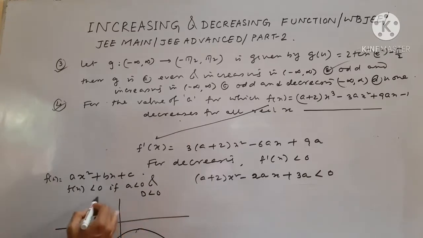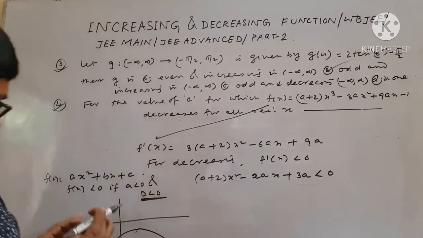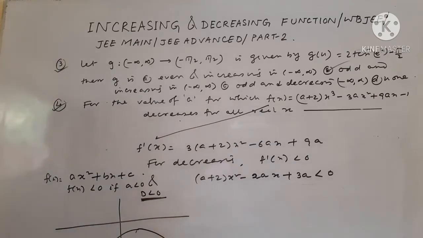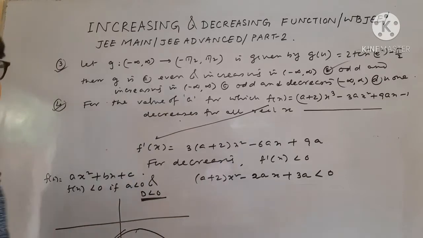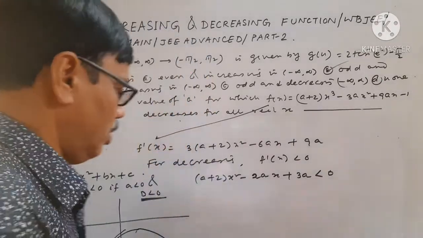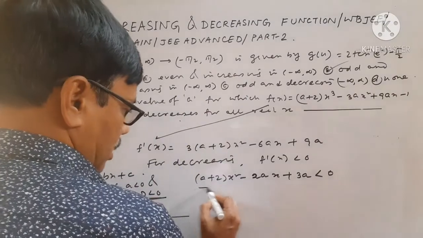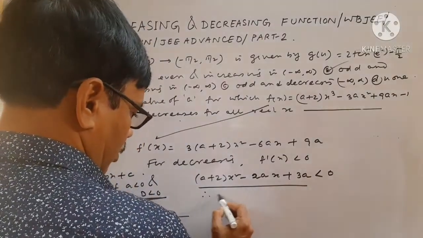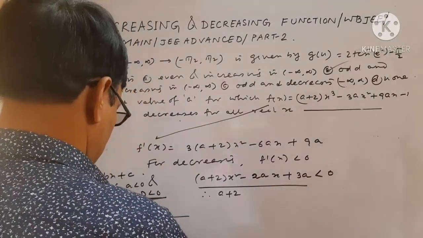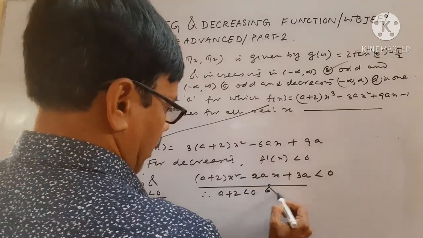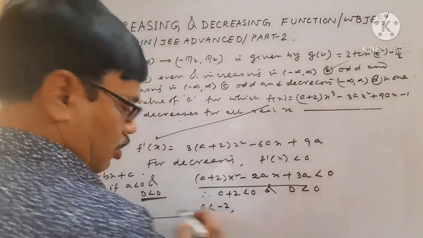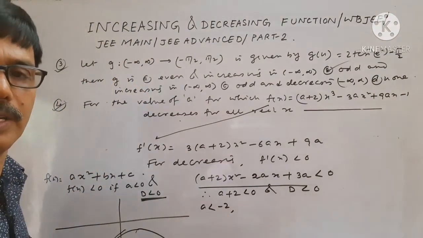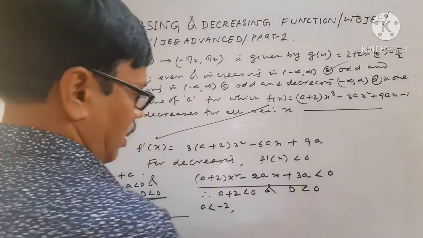No root, therefore discriminant less than 0, so it is negative, so it is downward. So here this expression is negative, therefore a plus 2 is less than 0 and D is less than 0. So a is less than minus 2. We are getting a less than minus 2.